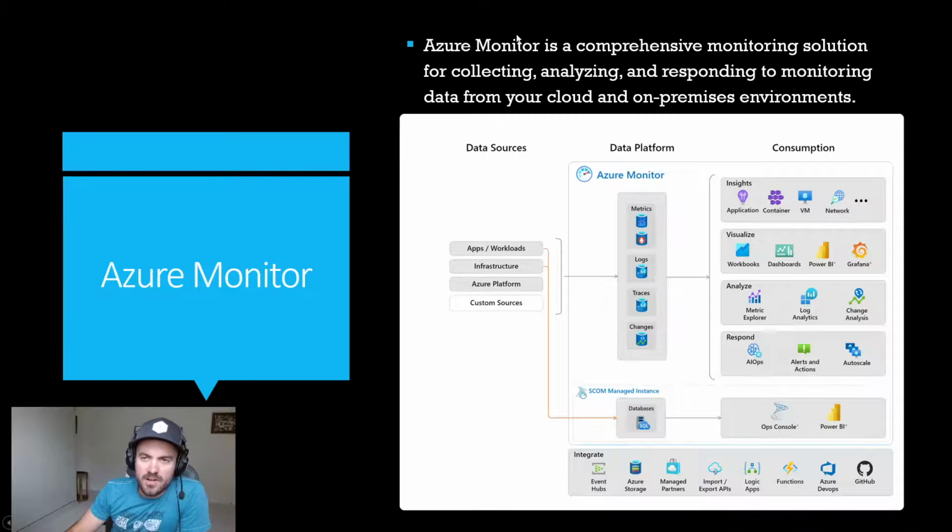Okay, so Azure Monitor is a comprehensive monitoring solution for collecting, analyzing, and responding to monitoring data from your cloud and on-prem environments. In this picture here, we've got a few different data sources, right? Apps and workloads, infrastructure, Azure platform, maybe again on-prem. Azure Monitor is going to keep up with metrics, logs, traces, and changes across all these different services.